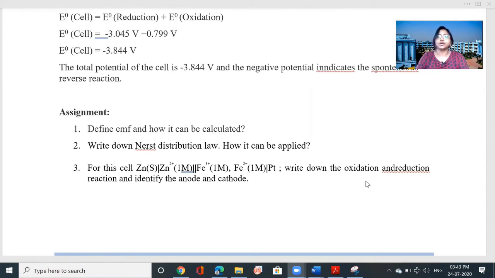You have also learned the Nernst equation and how to calculate EMF for the total cell. Individually you have to take each single electrode and break the cell, identifying which one is the cathodic part and which one is the anodic part.